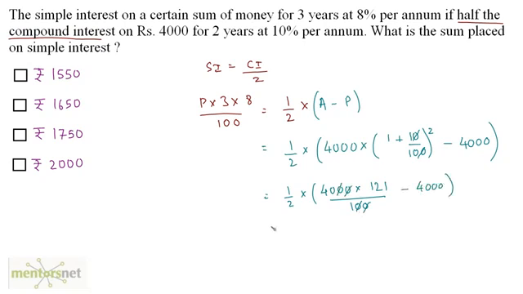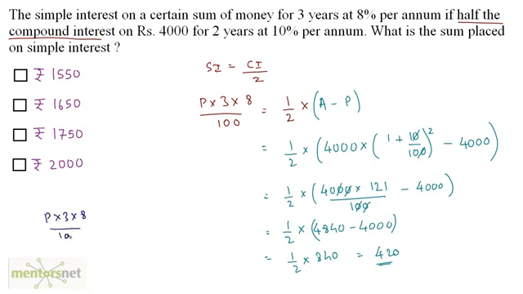So this is also equal to 1 by 2 times 40 times 121, which is 4840, minus 4000. This is a bracket, right? So half of 840, and that's 420. So we have P into 3 into 8 upon 100 equals 420.